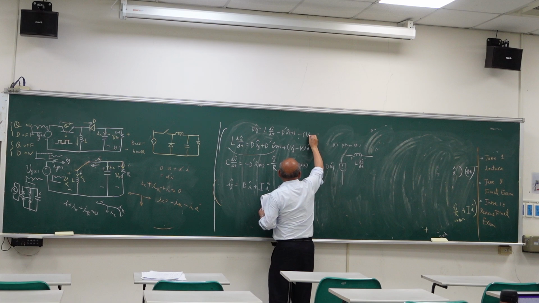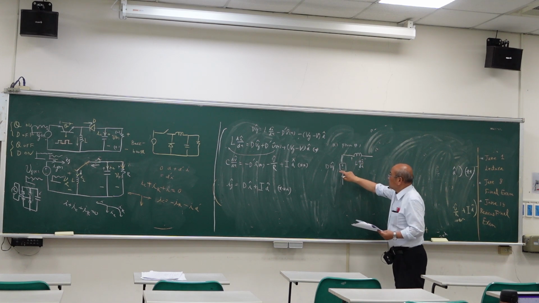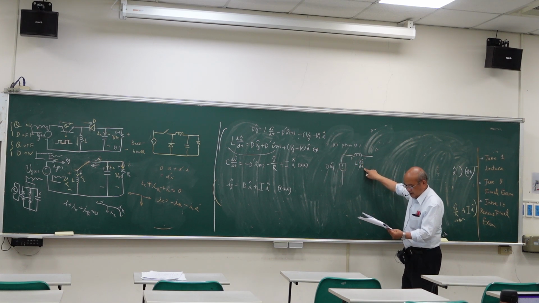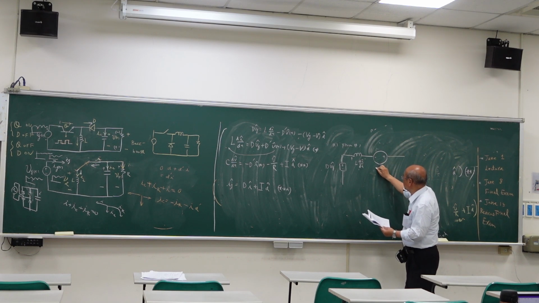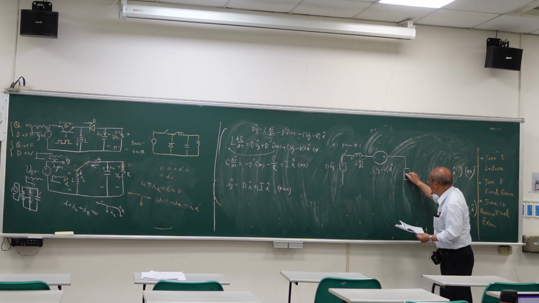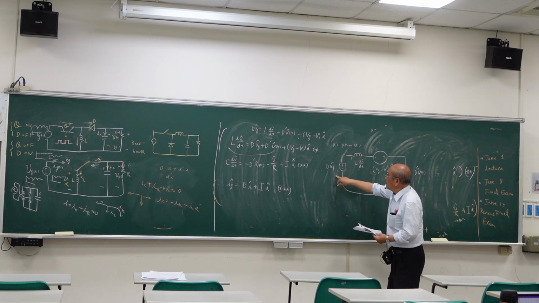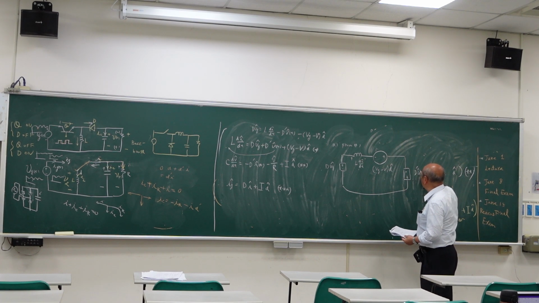This is negative (Vg minus V) D hat. So D Vg hat equal to L dI/dt, then minus (Vg minus V) D hat, minus D' V hat.